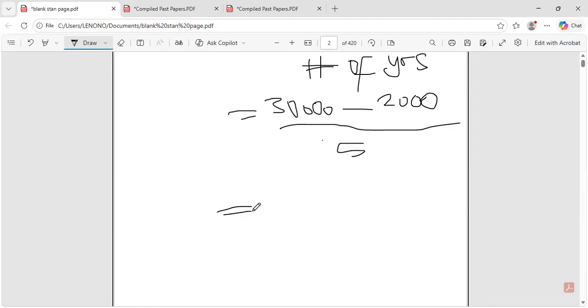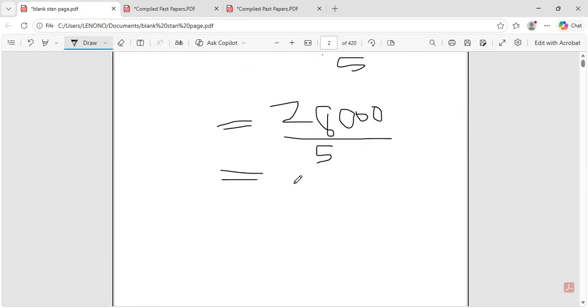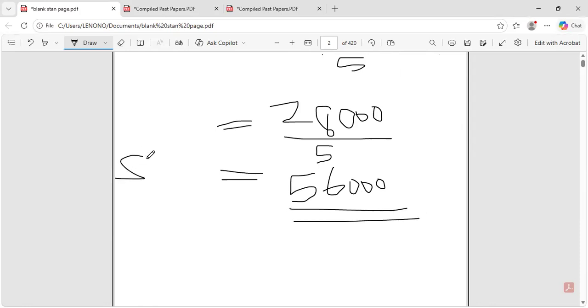That is 28,000 divided by 5. So this is giving us $5,600. This is using the straight line method.